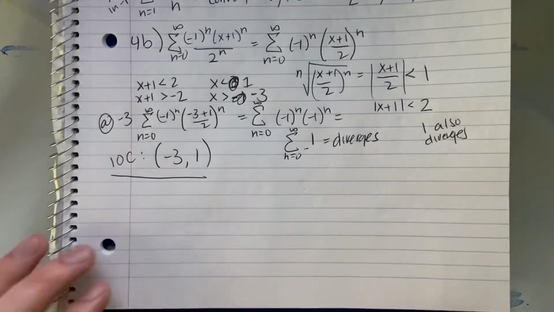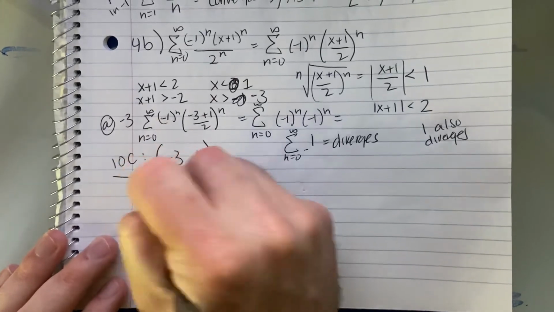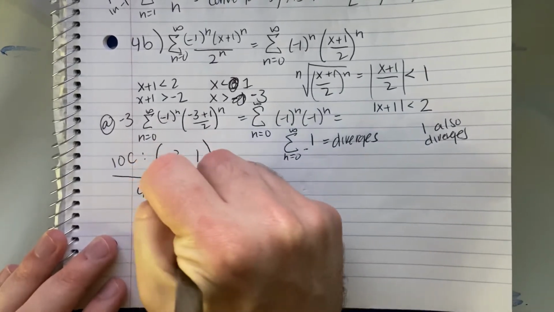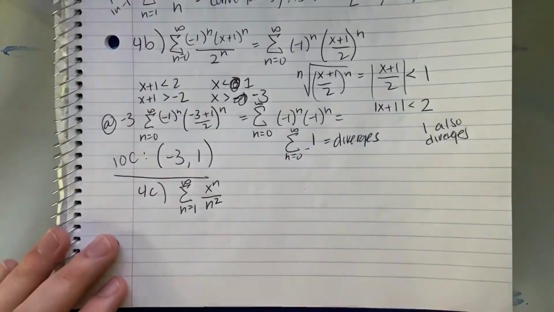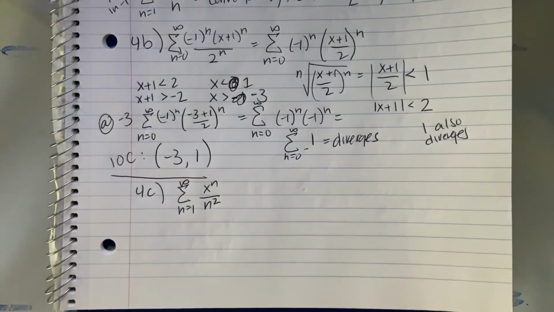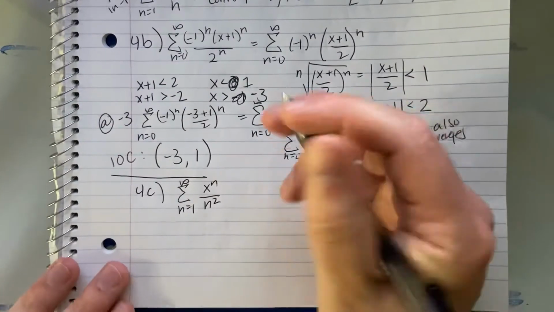And lastly, we can look at C. This is the sum of x to the n over n squared. So what happens here? Same test, ratio test.